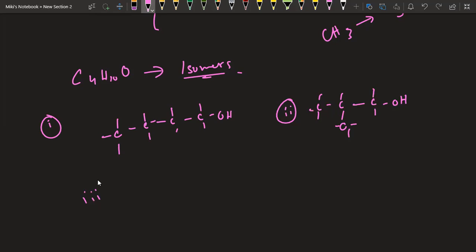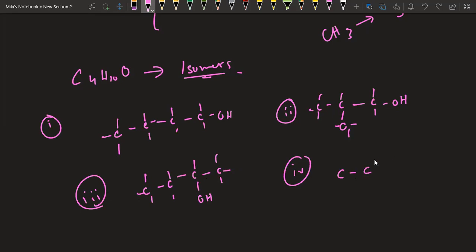Another possibility could be another arrangement with OH in this case over here. So this is one other possible isomer. And finally, we have this one. So this could be another one. These are the isomers of this molecular formula.